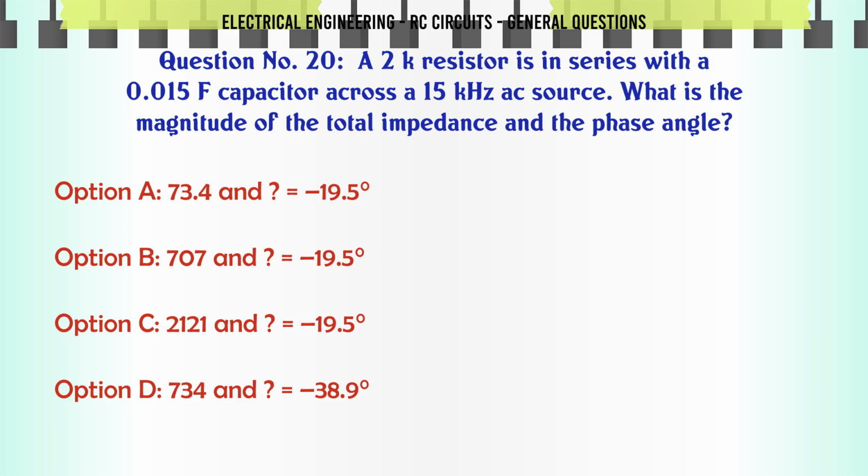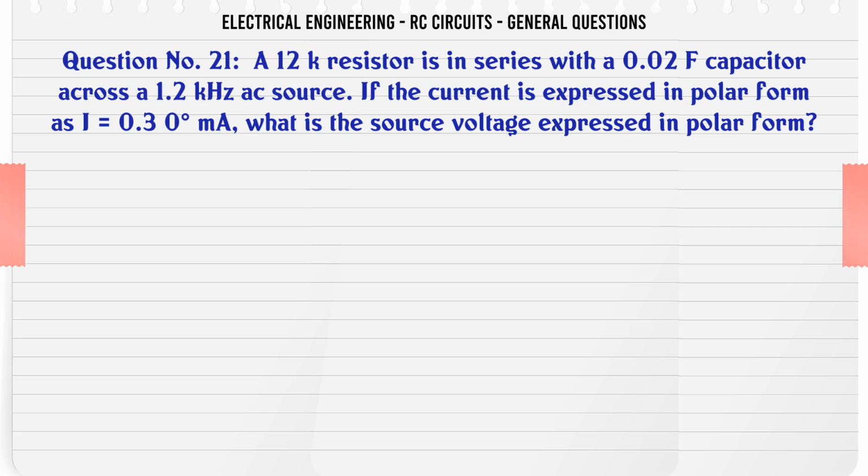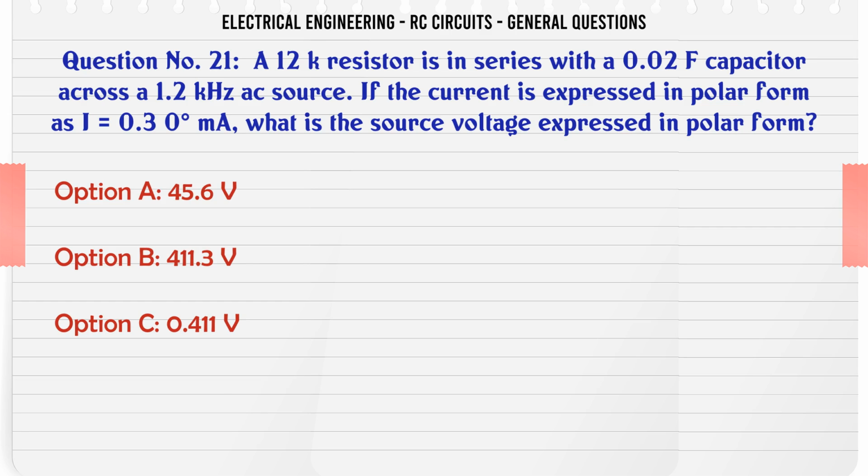C, 2121 Ω and 19.5°. D, 734 Ω and 38.9°. The correct answer is 2121 Ω and 19.5°.